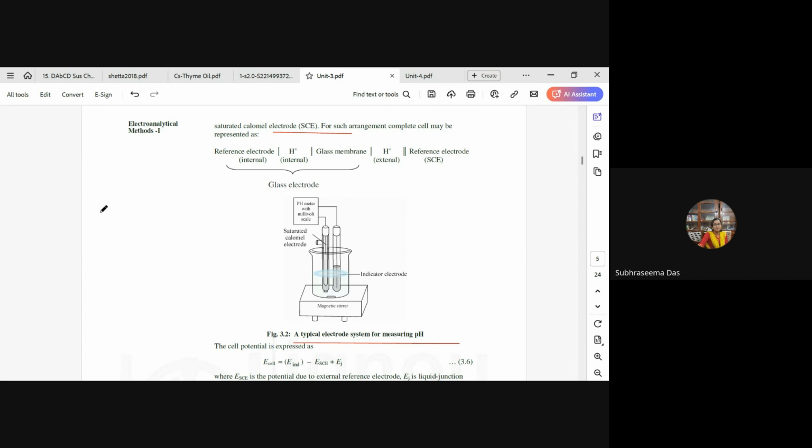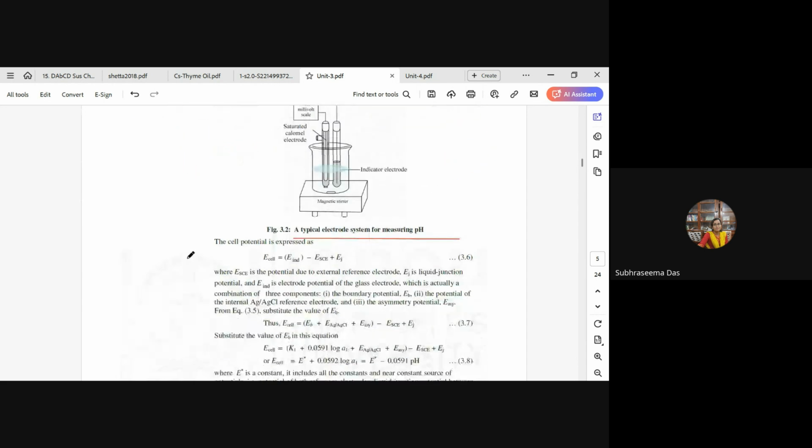Overall we can write it as the internal electrode, the H⁺ ion in the internal solution, the glass membrane, the H⁺ ion in the external solution, and the reference electrode. This is how a pH electrode system is represented.